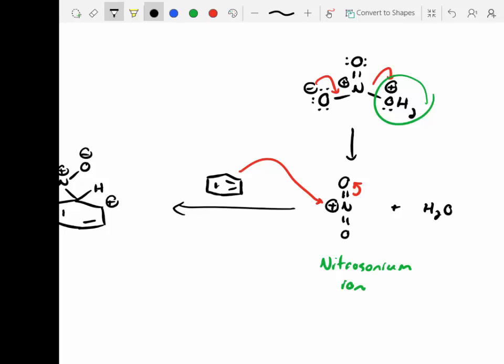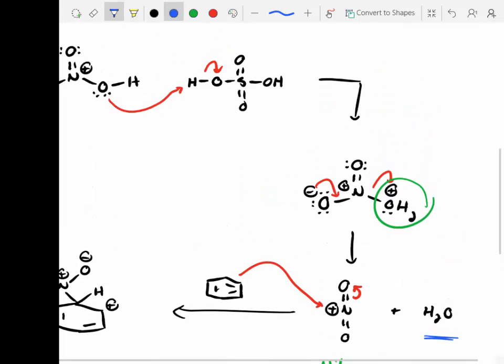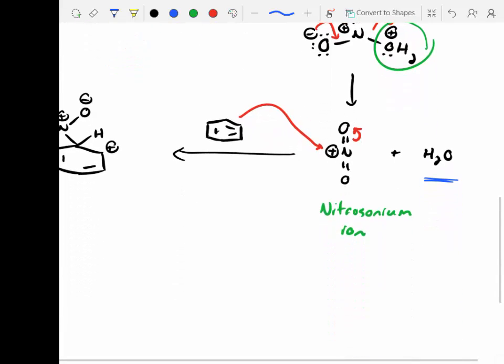Elimination, right? So the question is, what do you think is going to be a better base? We've got water around in solution, and we've also got the conjugate base of sulfuric acid. What will be the better base? Definitely water. So in this case, the sulfuric acid does nothing more than protonate your nitric acid. The water is what drives the reformation of your aromatic ring.